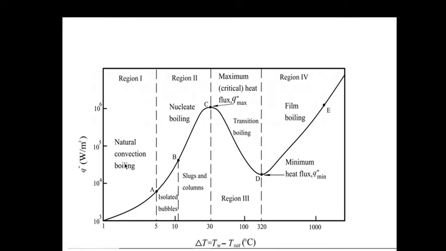Generally, natural convection boiling is due to the temperature difference of the molecules of the fluid, the density difference. When the temperature of the fluid increases, the density of the fluid decreases.